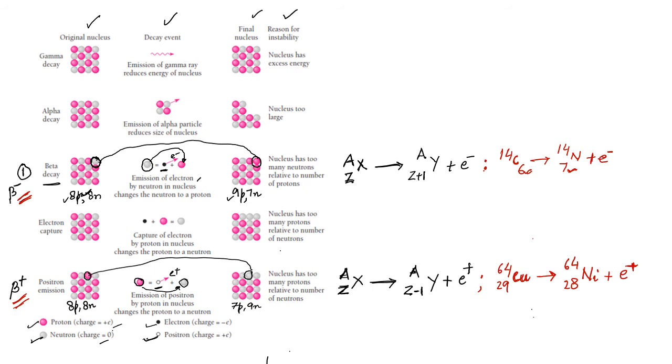The next one, which competes with beta plus emission, is electron capture. You can see that this is the electron capture process. What is happening here is that we have 8 protons and 8 neutrons, and a proton is becoming a neutron, like in beta plus emission.